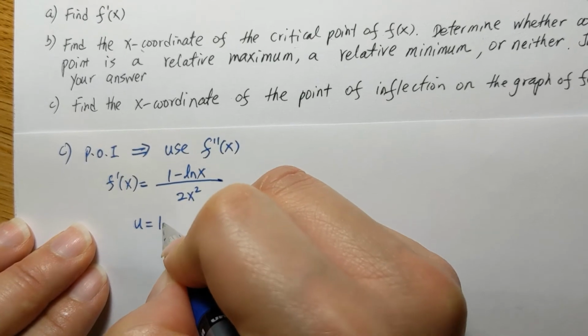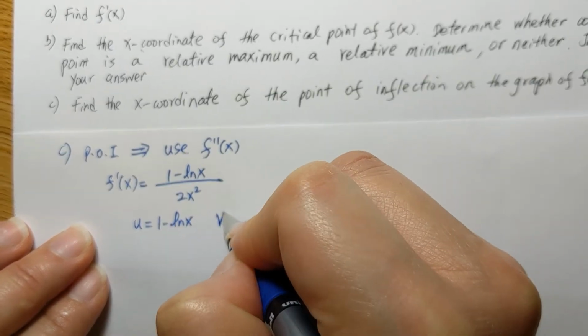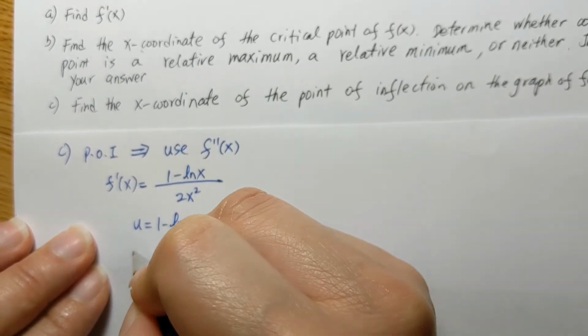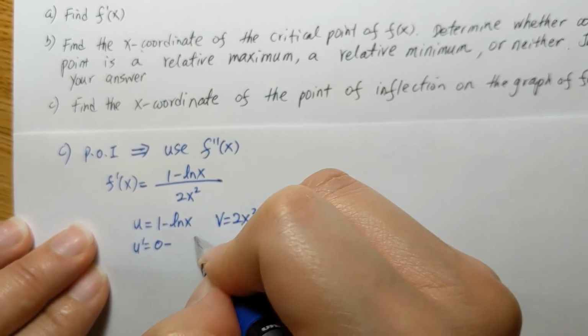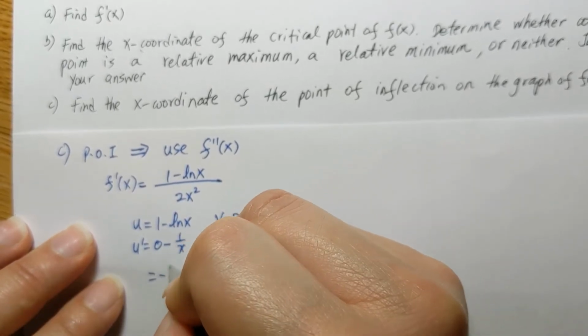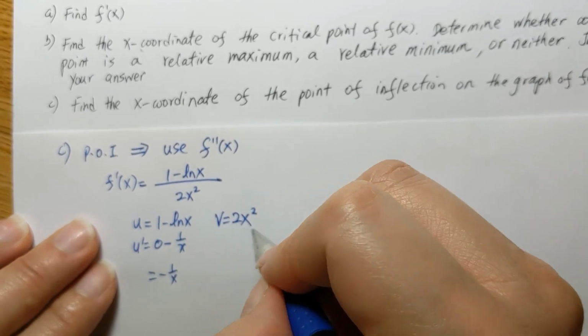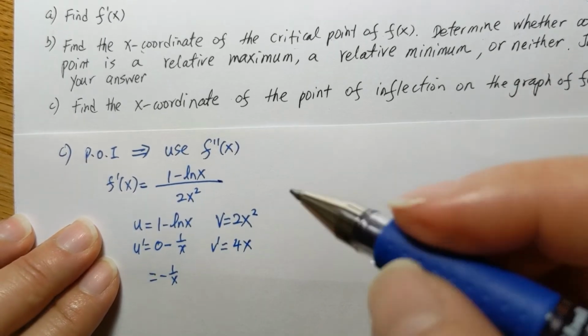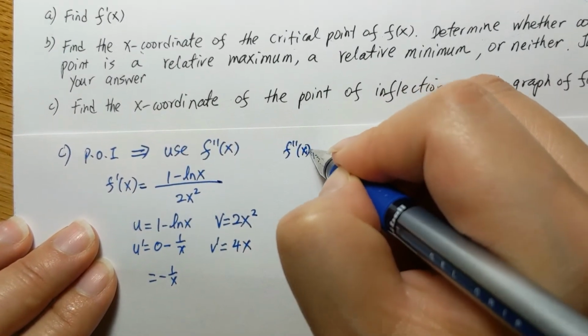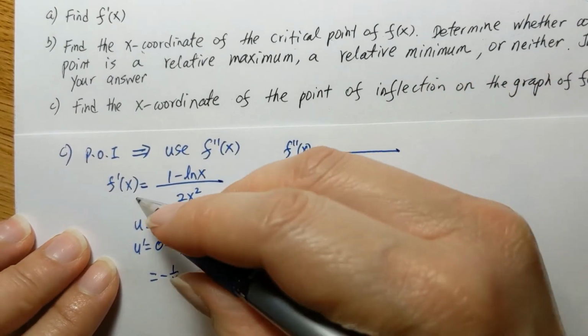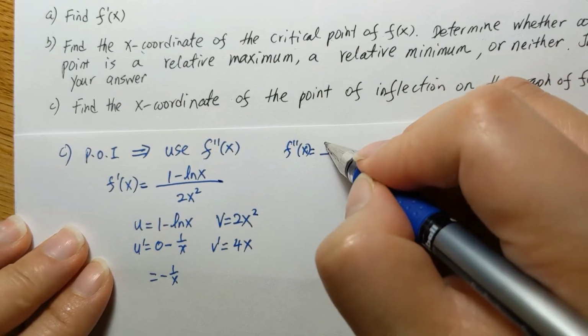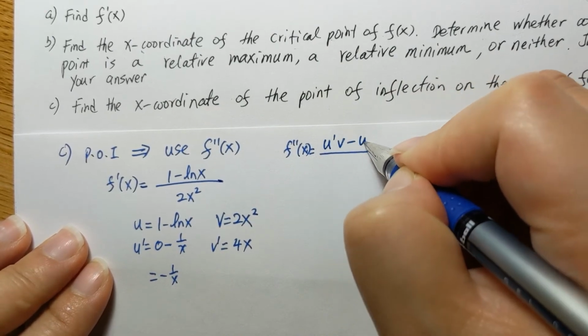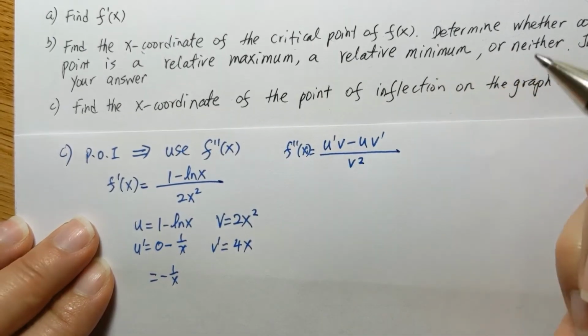So u equals 1 minus ln x and v equals 2x squared. So u prime will be 0 minus 1 over x, which is negative 1 over x. And v prime equals 4x. The second derivative is the derivative of the first derivative, so we do u prime v minus u v prime over v squared.